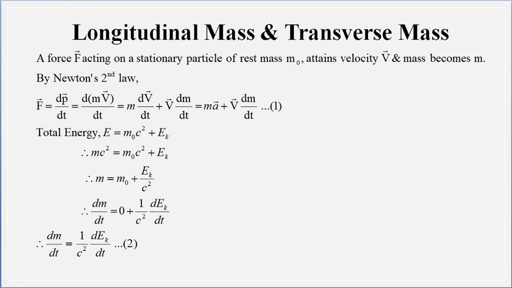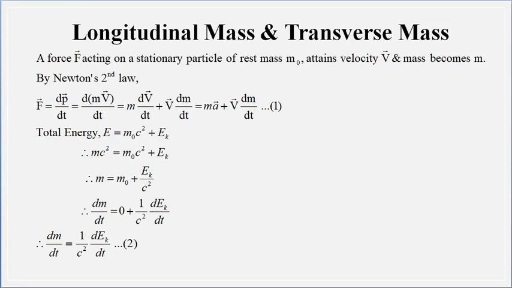Then we try to simplify this further. We have m vector A; we will find out dm by dt. To find dm by dt, we consider the expression for total energy we derived yesterday: E equal to m naught c square plus E suffix k. E suffix k is the kinetic energy, and m naught c square is called the rest mass energy.